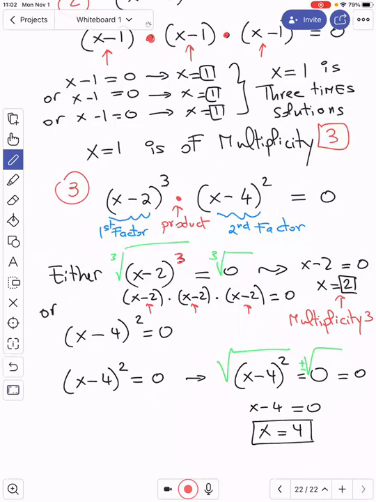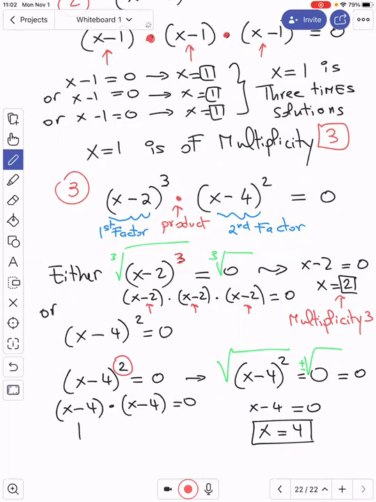And x minus 4 equal to 0 gives x equal to 4. Now, how many times is this a solution of our equation? Well, the exponent is 2, so x equal to 4 is a 2 times solution, because you have (x minus 4) squared, which is like x minus 4 times x minus 4.